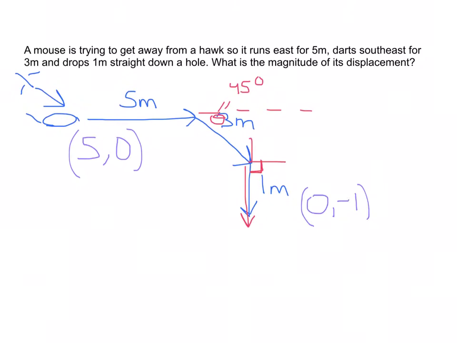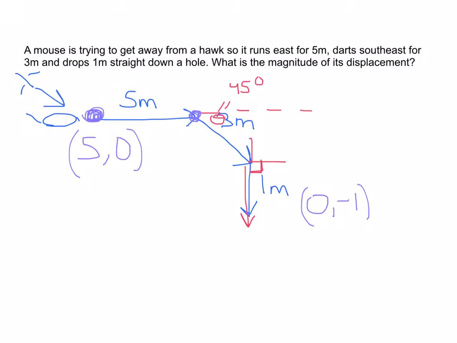When I say x and y, I mean this is my x direction, and if we were to have, say, this over here as the origin, then the direction, this would be positive and this would be negative. So we're going positive x, negative y, and this one here we have to work out.